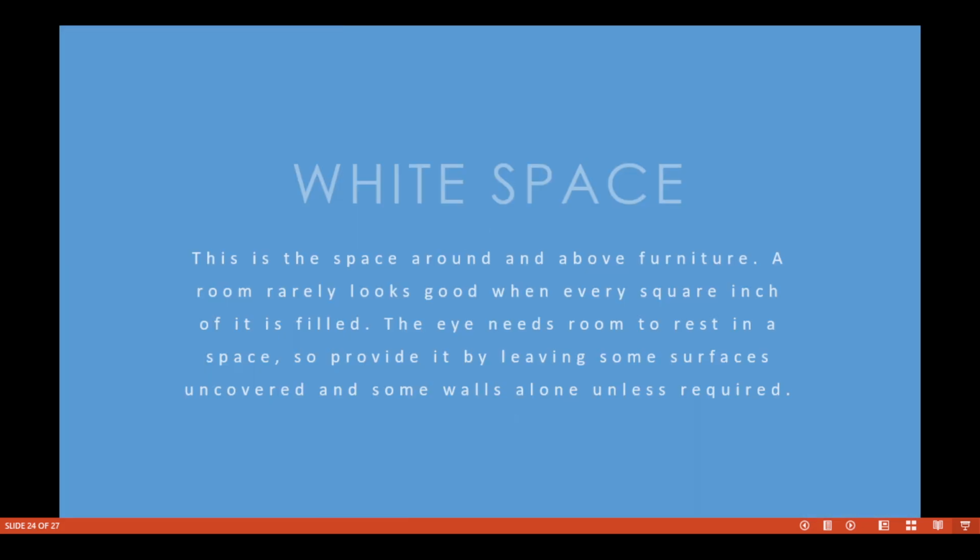White space. This is the space around and above the furniture. A room rarely looks good when every square inch of it is filled. The eye needs room to rest in a space. This is provided by leaving some surfaces uncovered and some walls plain, unless there is a requirement.